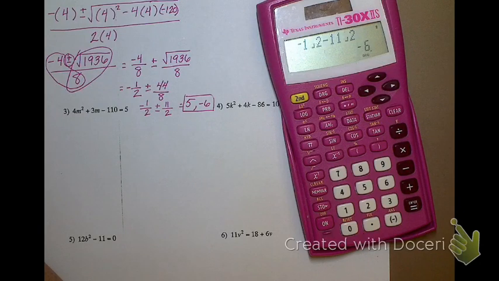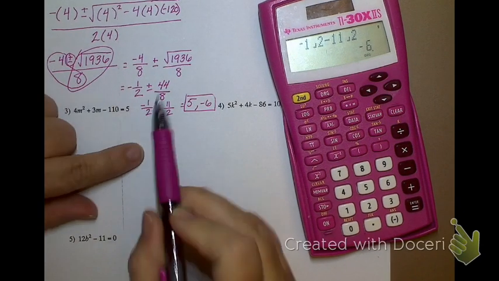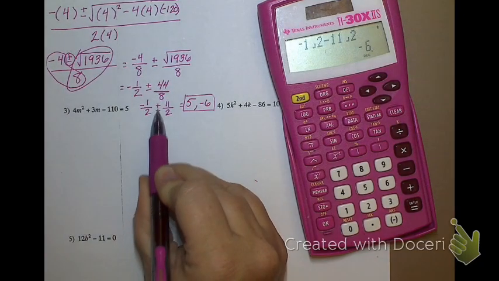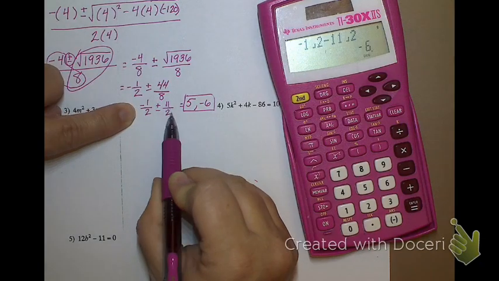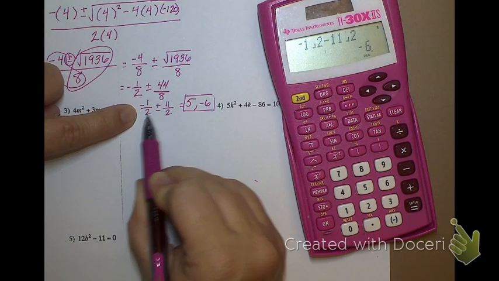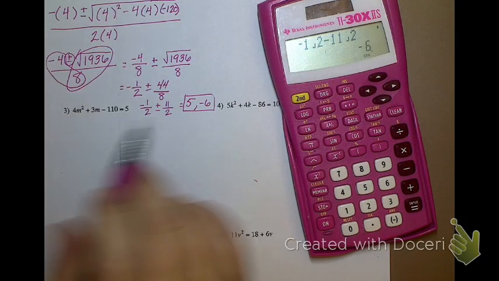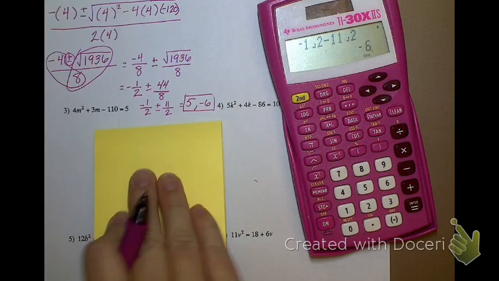Yes, question. How did I get the negative 6? Remember the plus or minus means you really have 2 problems going on. You have negative 1/2 plus 11/2 and negative 1/2 minus 11/2. Let me break that down for you.